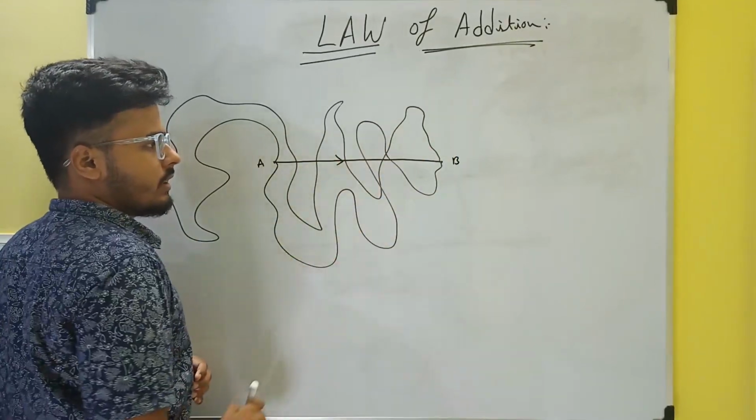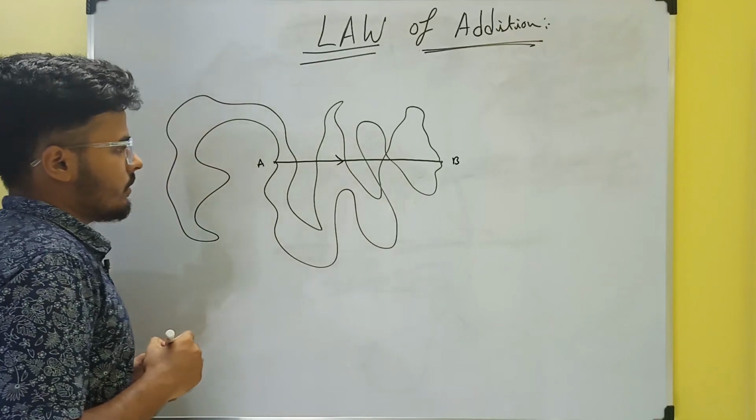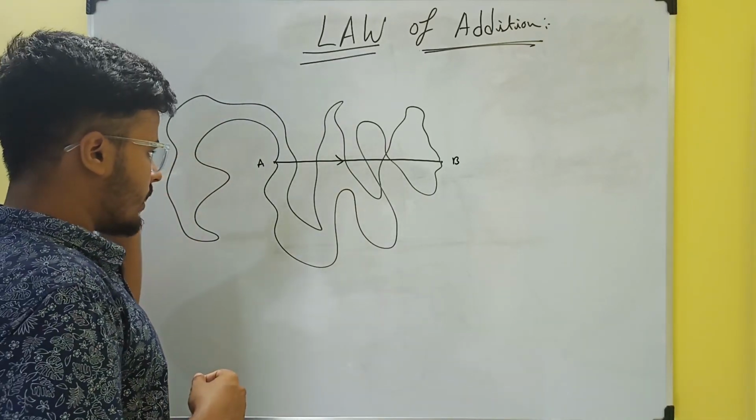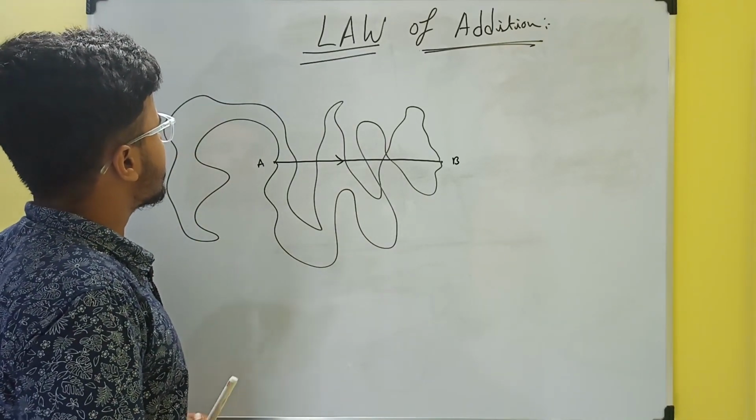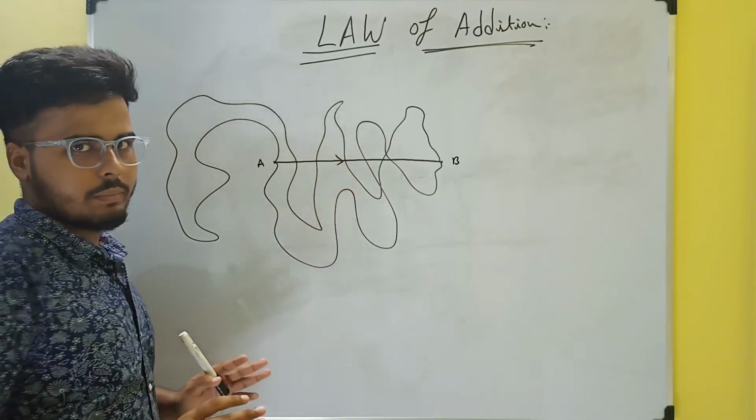This straight line path is a type of vector. Here we are distinguishing between a curved path and a straight line path.